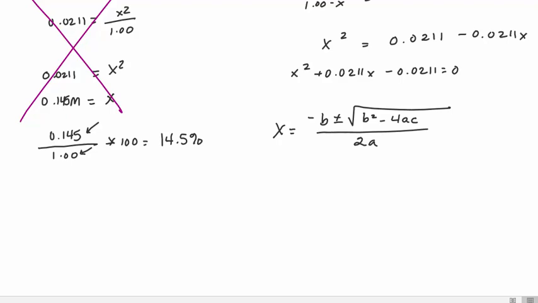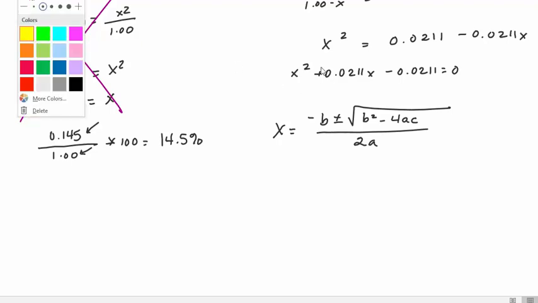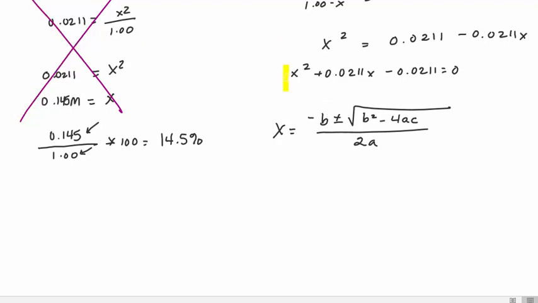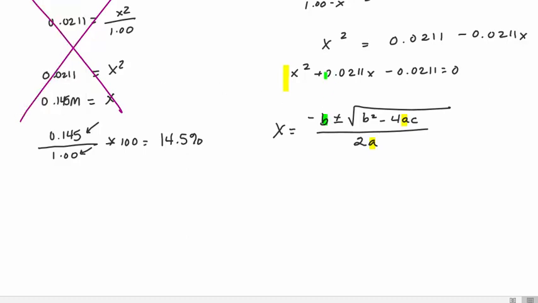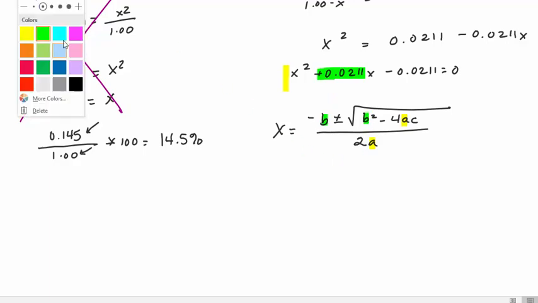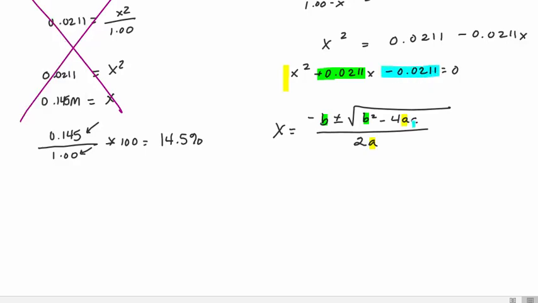What that means is, and I'm going to highlight, my a term is the coefficient in front of x squared, so these a's become 1s. My b term is here, and the sign goes with it. It's a positive. So I'm going to substitute my b's there. Now my c term, the sign goes with it, is here. It doesn't have a variable with it.